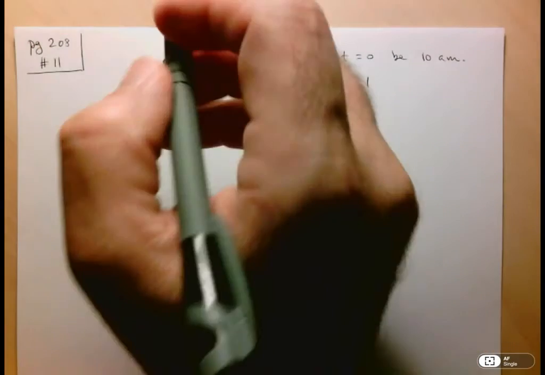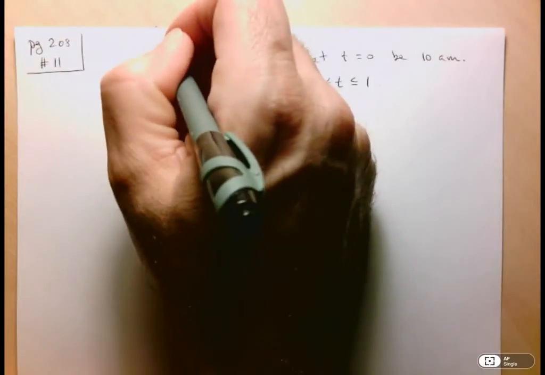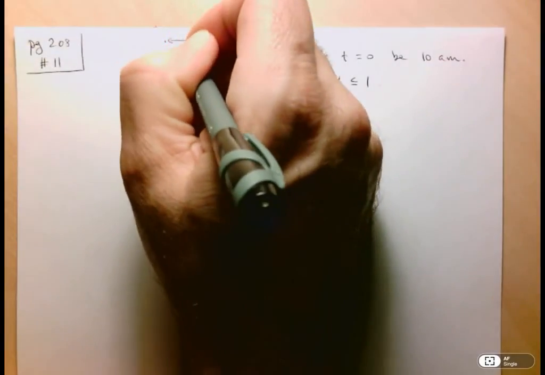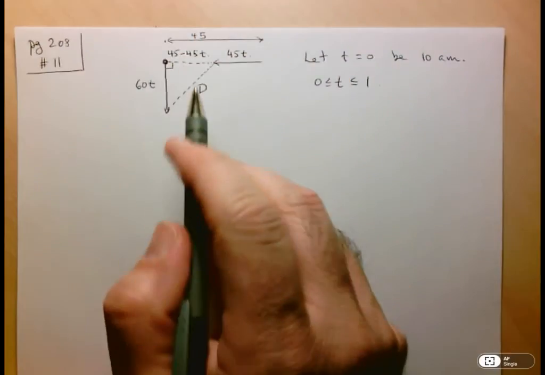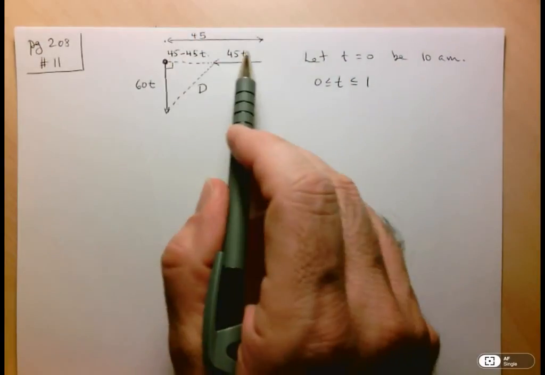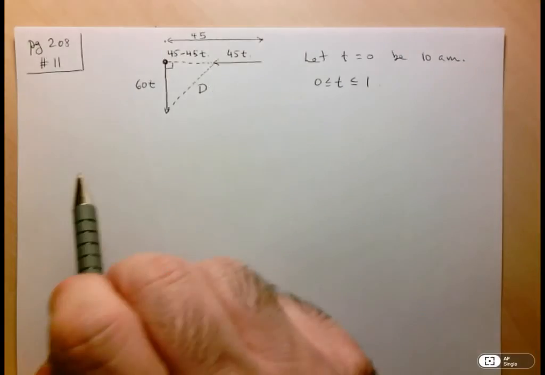That means that the remaining distance, this length here, can be represented by 45 minus 45t. So the total distance of 45 kilometers minus the distance it actually traveled during that time t.